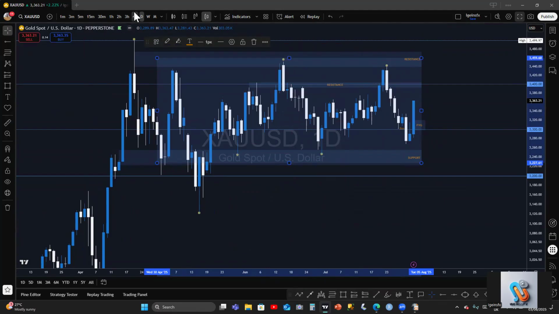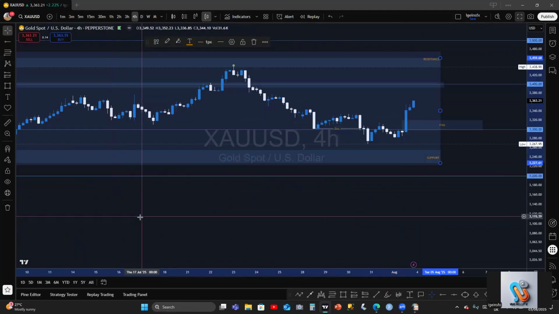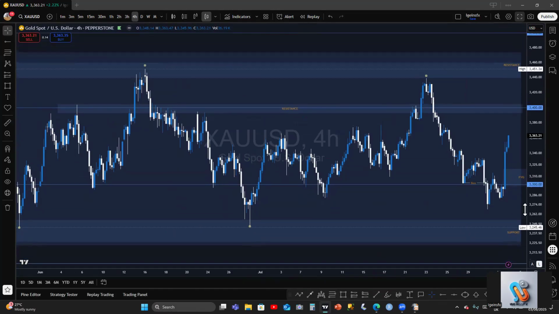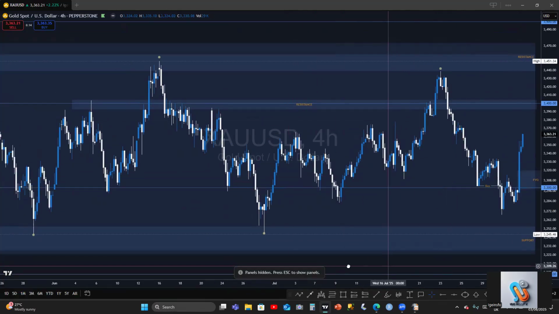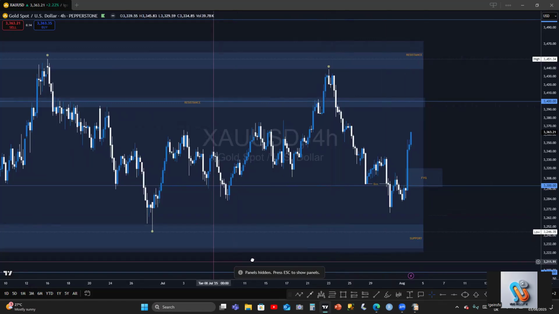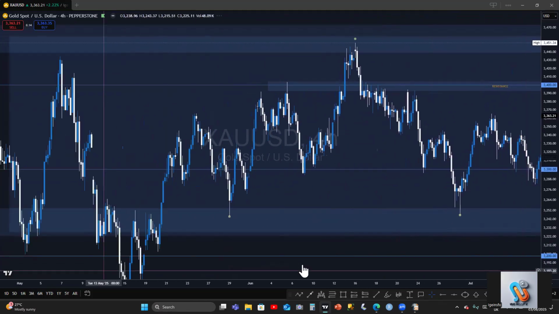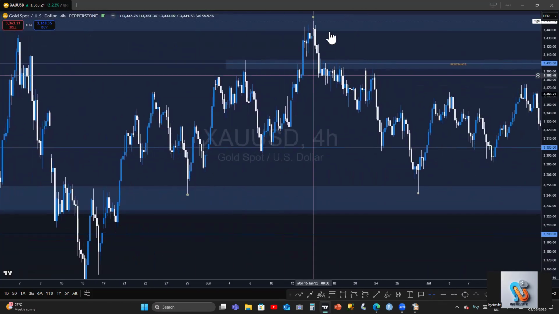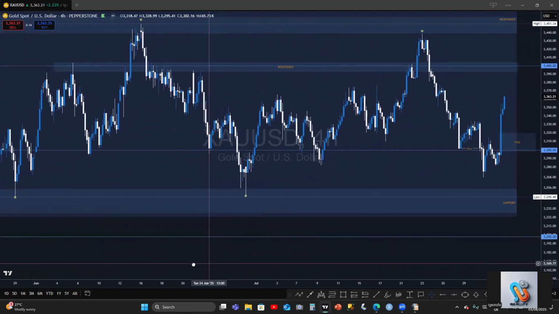But if you scale down to the lower time frame, you can still get some opportunity to trade. But you should know that this move is in between this resistance and support level.